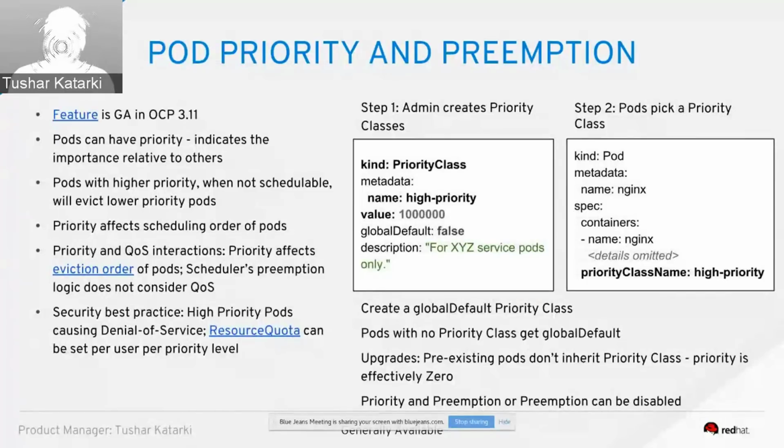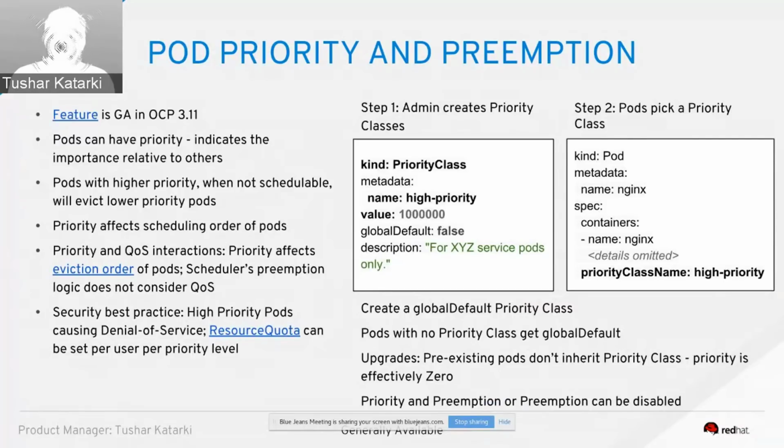On the right, we show how to use this feature. As an admin, you create a priority class. A priority class is basically an arbitrary value, as you can see. The higher the value, the higher the priority. And then on the right, you can see that the pods can pick that priority class.